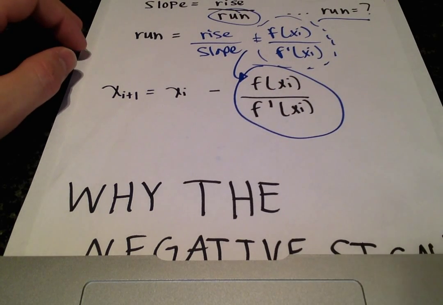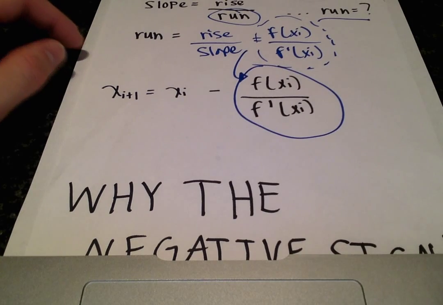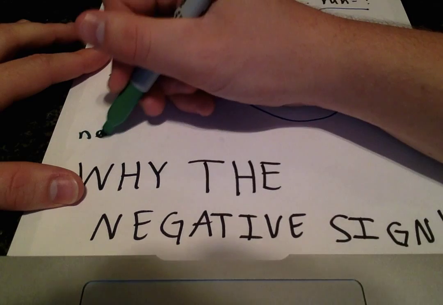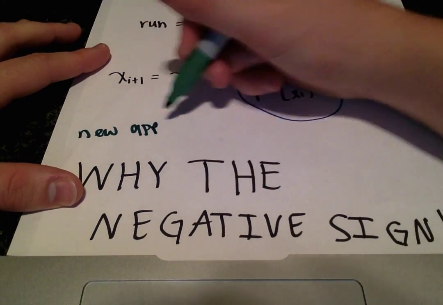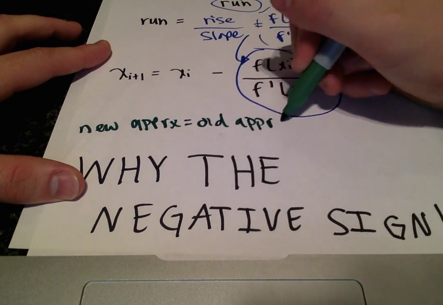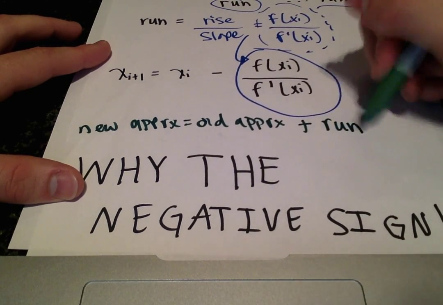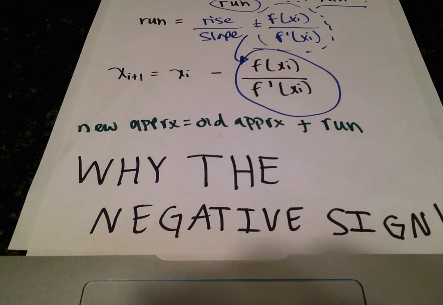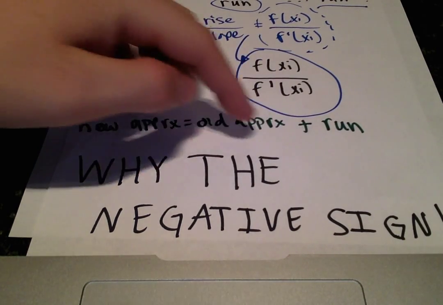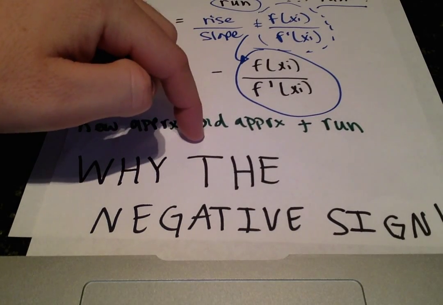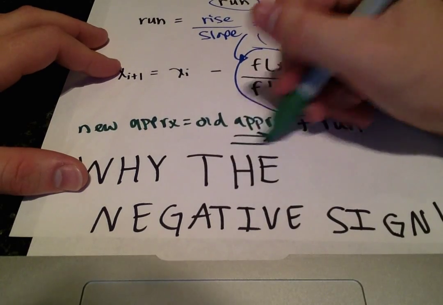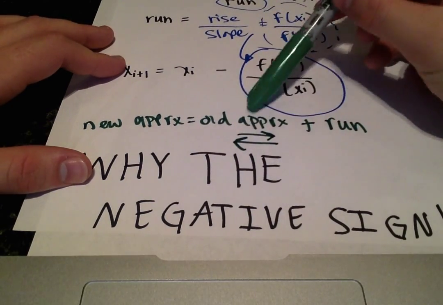Okay, so if we were to write this out in words, we could say the new approximation is equal to the old approximation plus the run. Okay, I just told you plus the run, so it's going to be your last value plus the run in either the positive or negative x direction.